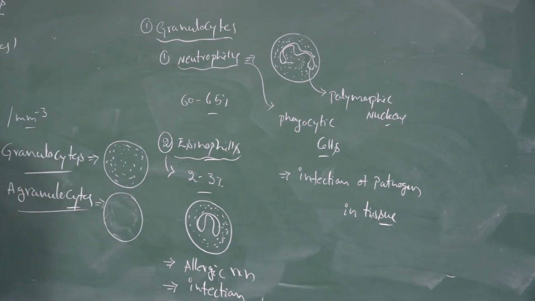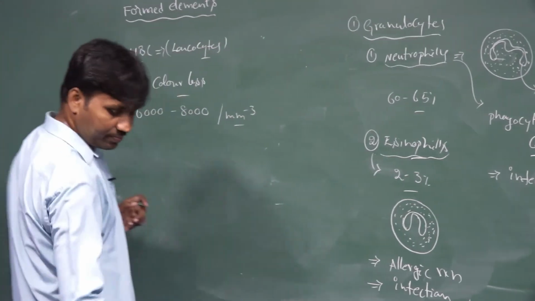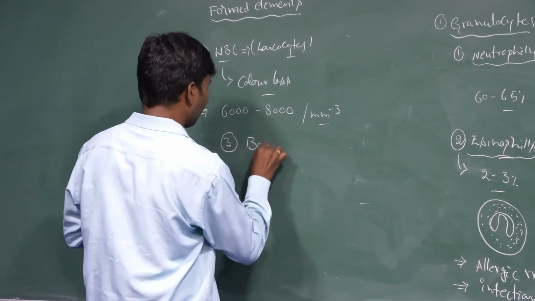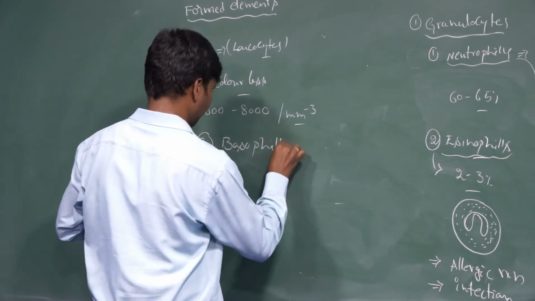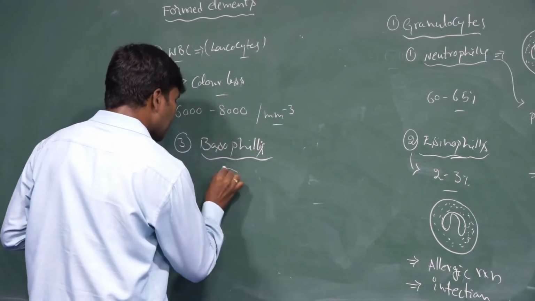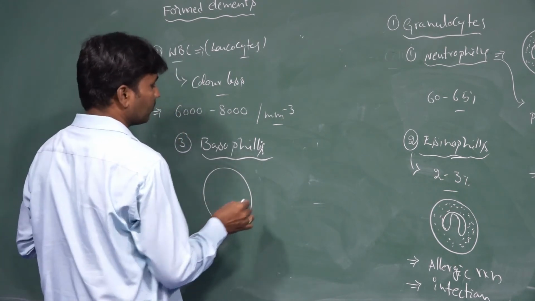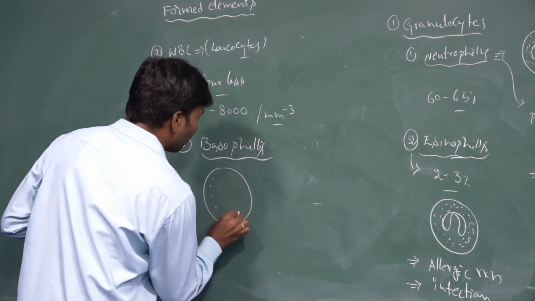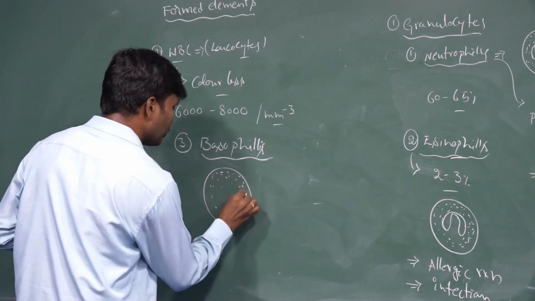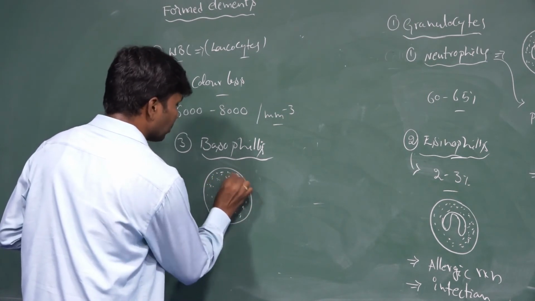Next, the third type of granulocytes are the basophils. Basophils are also rounded circular cells with a number of large granules, larger than the granules of the other granulocytes.